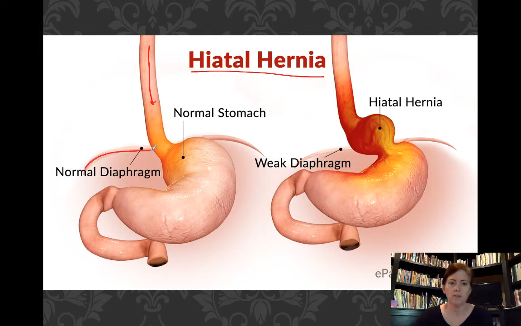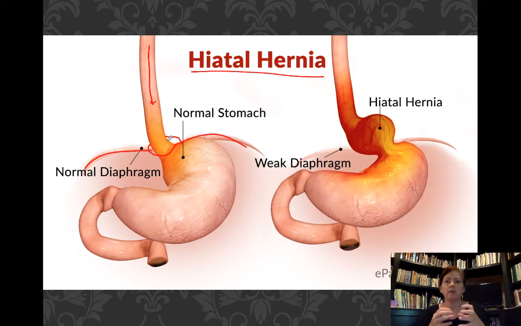This is your diaphragm. And so basically we talked about how the esophagus pierces through the diaphragm at that hiatus. And typically it kind of closes things off. It helps the gastroesophageal sphincter, because that sphincter is not really great at being a sphincter. It's more of a physiological sphincter, so it needs some help.